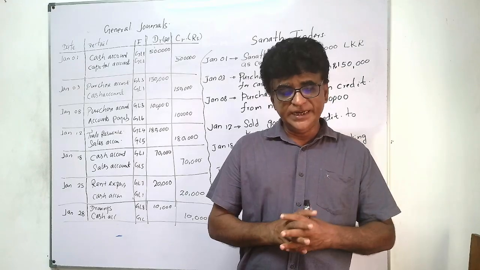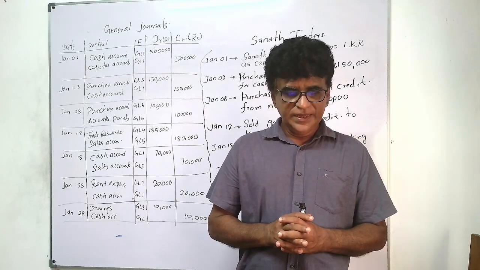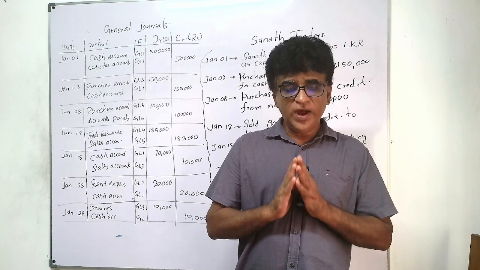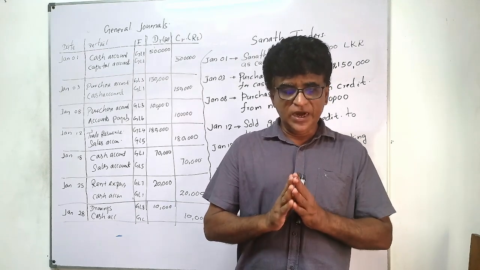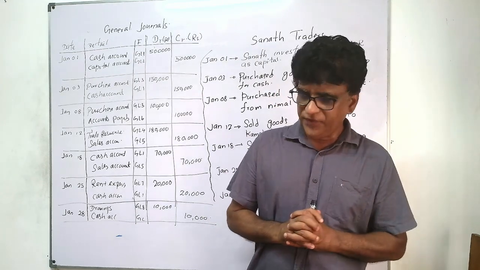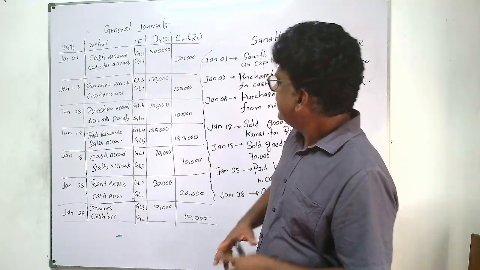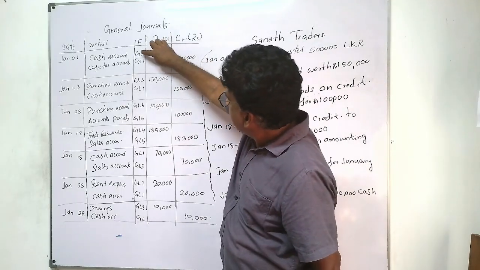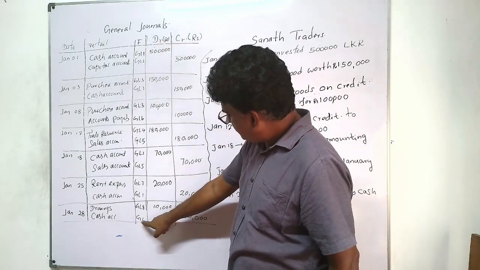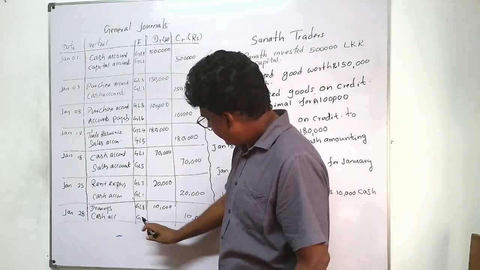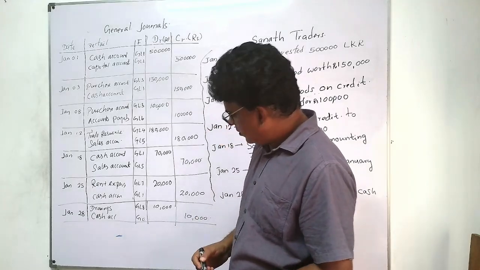The general ledger, right? Then we should identify what accounts we have to post. There are 1, 2, 3, 4, 5, 6, 7, 8 GL accounts.